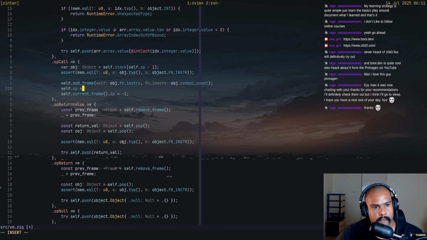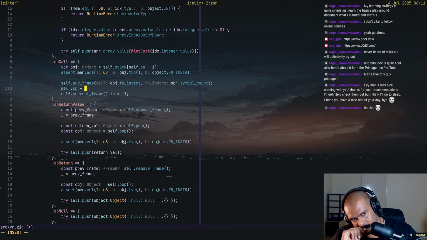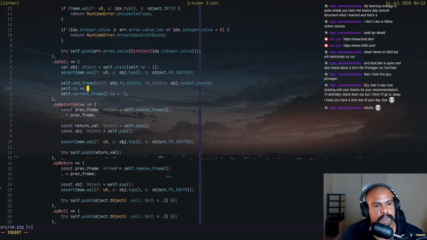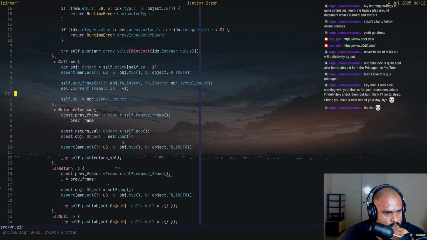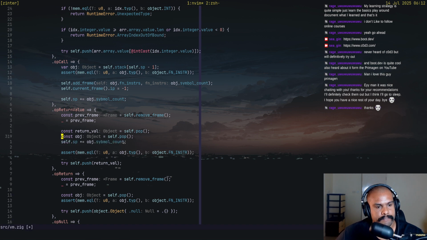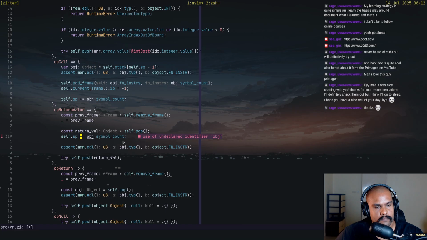Equals, plus equals. Dot symbol out. Then on return, goes previous frame dot base pointer plus 1.